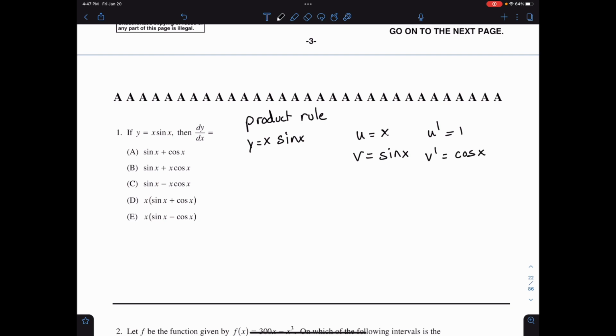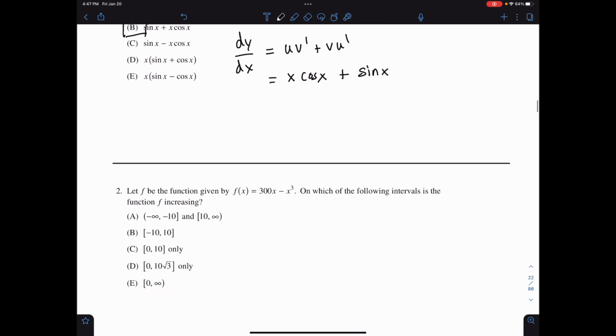Using the product rule, dy/dx is equal to u times v prime plus v times u prime, which is x cosine x plus sine x. And this answer is B.